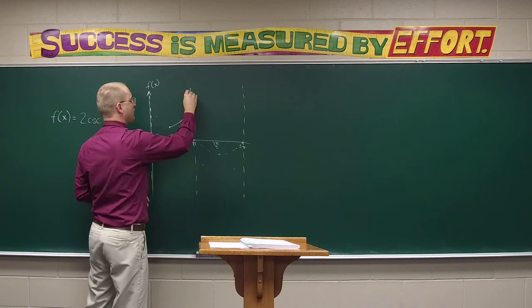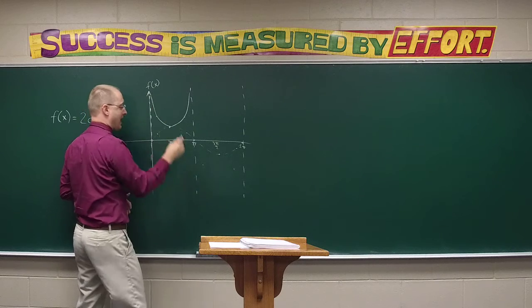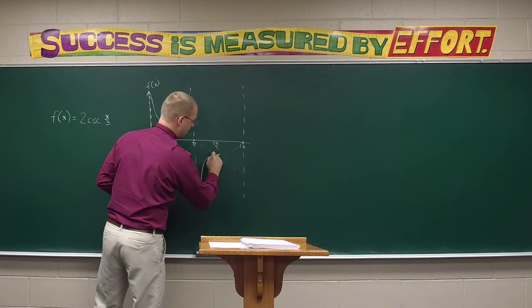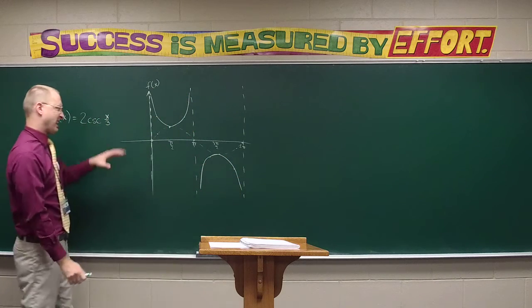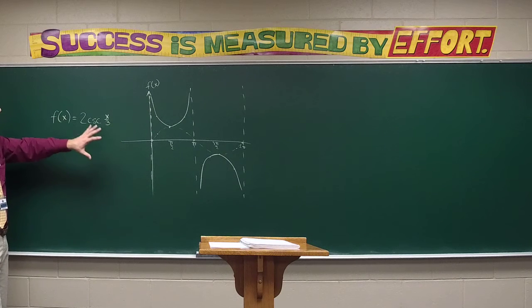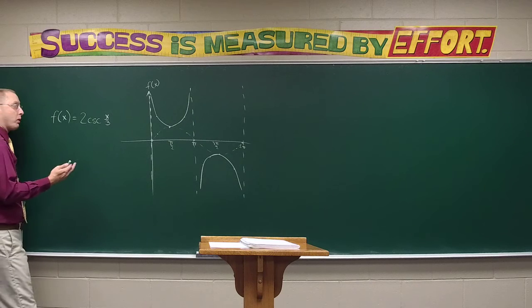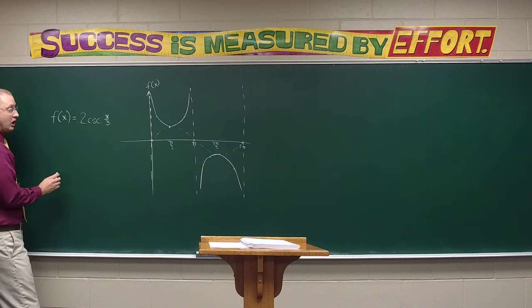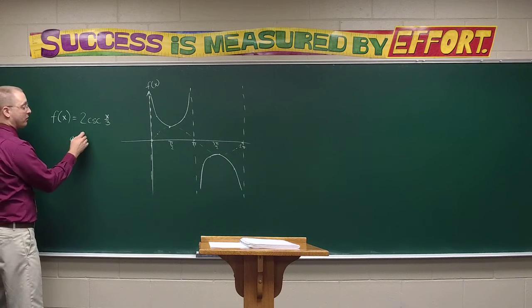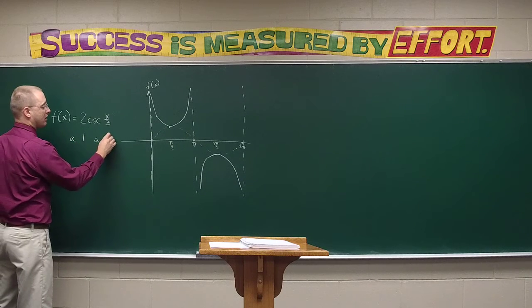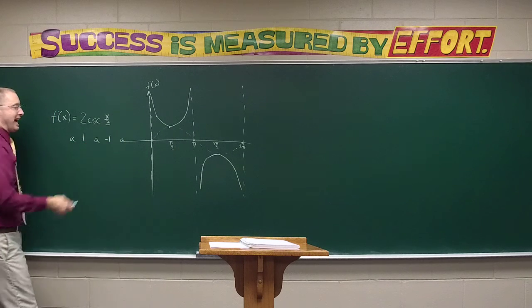And so we end up with this U-shaped curve approaching the asymptote, and then a U-shaped or an N-shaped curve approaching the asymptote. Again, just kind of a sketch thrown up here. And that's your basic cosecant curve. So that can help you remember your key points for cosecant: asymptote, 1, asymptote, 1, asymptote, -1, and then the asymptote, right?